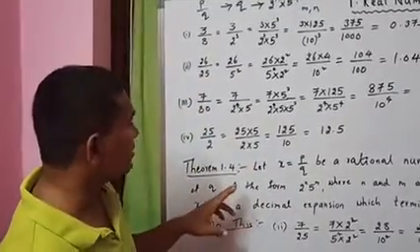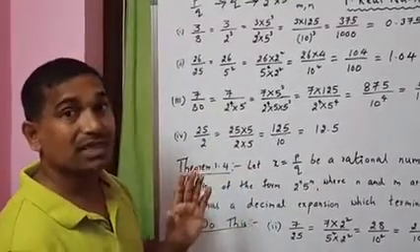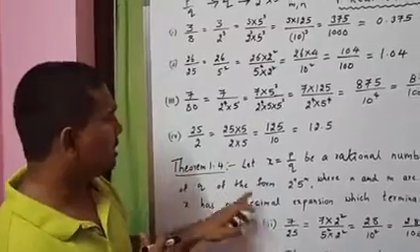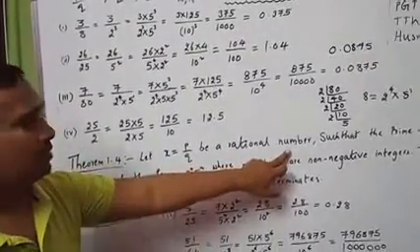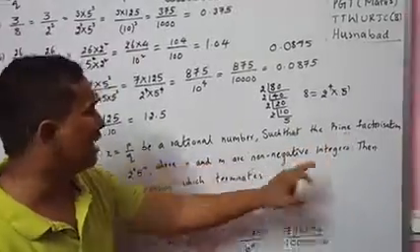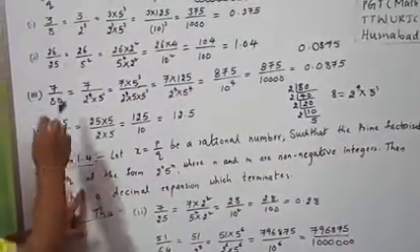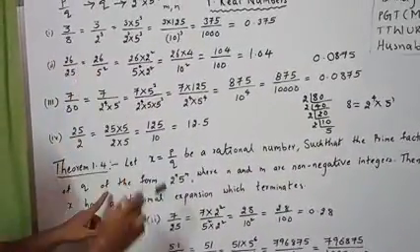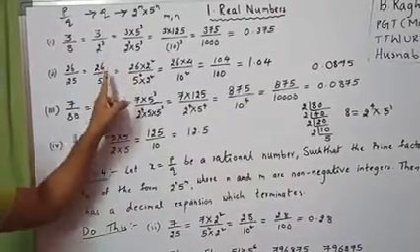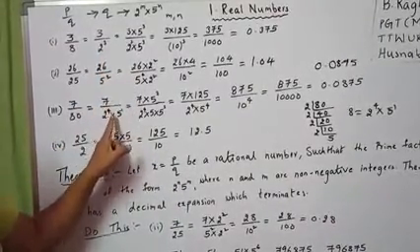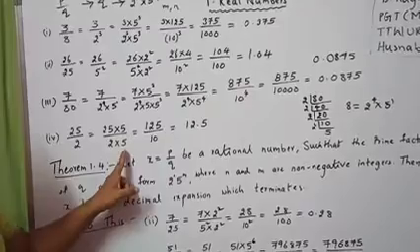What we are generalizing is the theorem that is the converse of yesterday's theorem. Let x equal p by q be a rational number such that the prime factorization of q is of the form 2 power n, 5 power m, for example 2 power 3, 5 power 2, or 2 power 4 into 5 power 1, or 2 into 5.